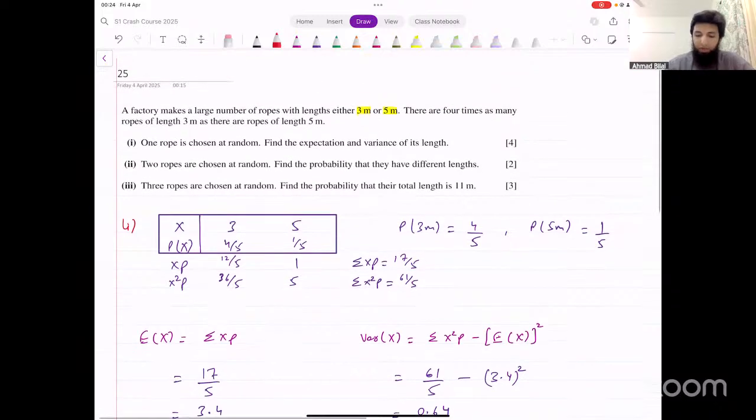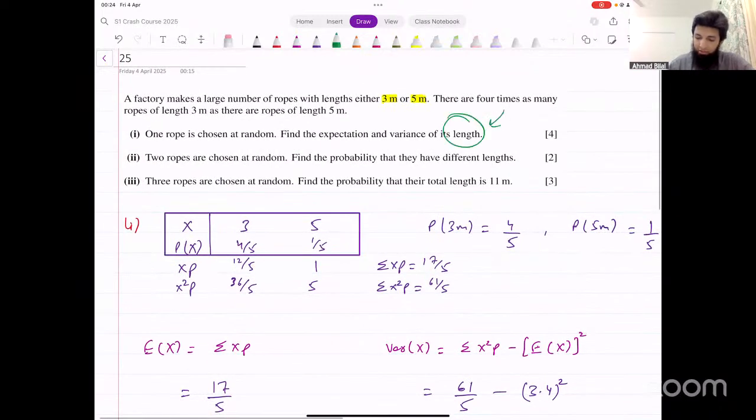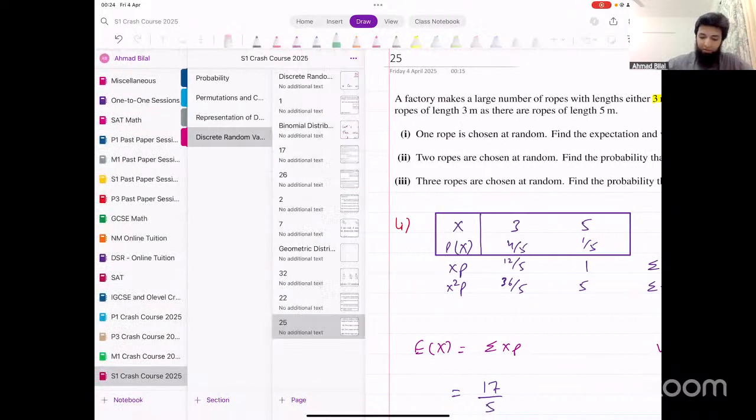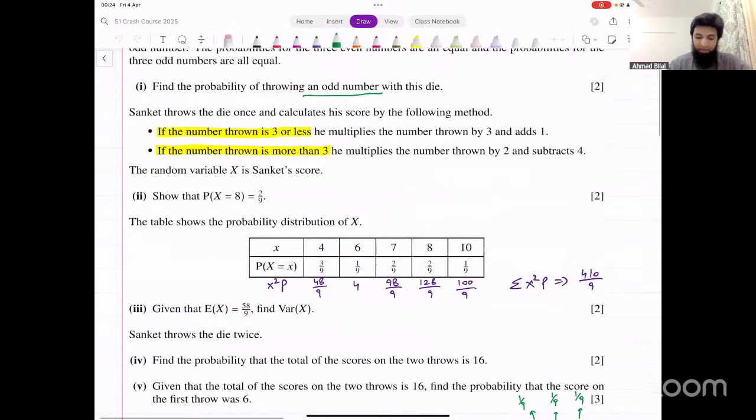But we're talking about length. Length is a variable that represents some number, right? We are denoting length by X. X represents length. So that's a number. In earlier problems as well, whenever we made a table, X used to be some number.